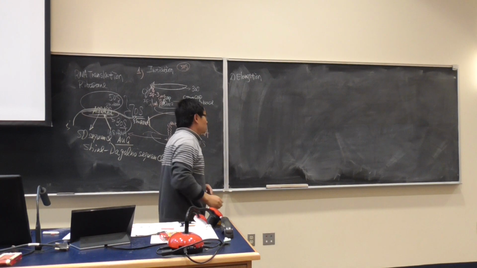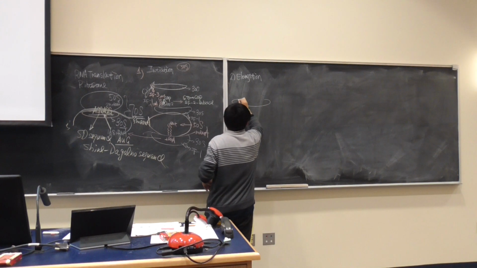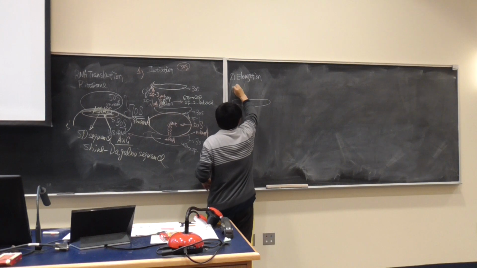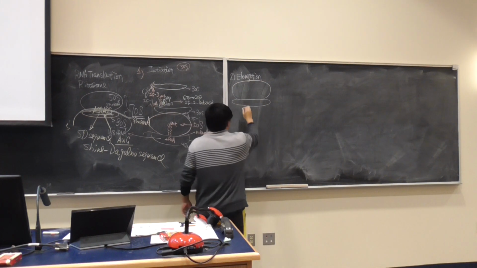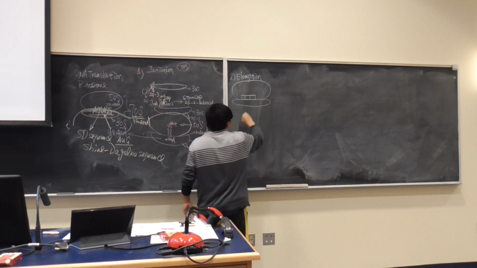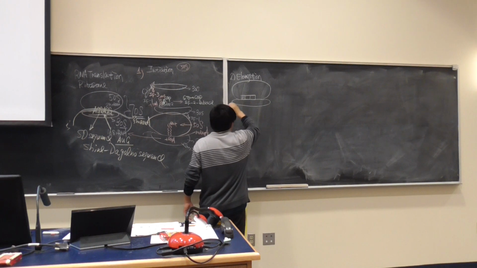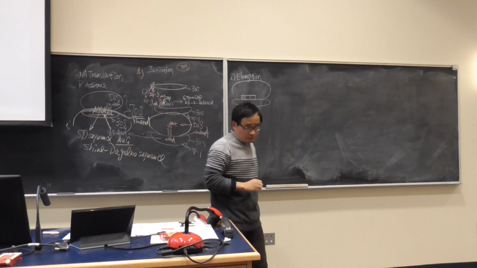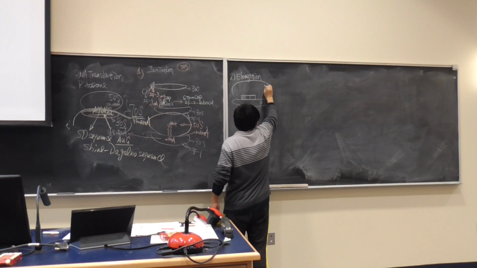When we talk about elongation, the 30S subunit is already there, and the 50S subunit is there. We need to talk about those three boxes. You will see three boxes in the middle, at the intersection of the 30S and the 50S subunits.